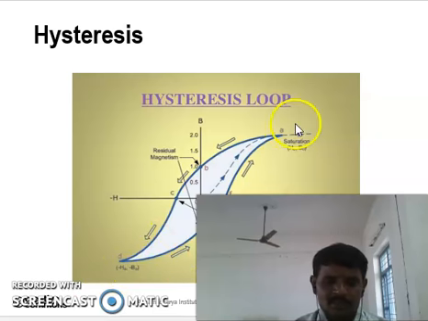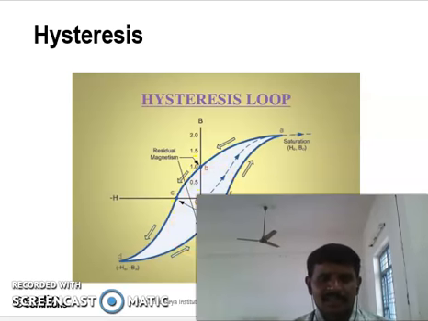The formation of this B.H. curve indicates how much energy is lost in one complete cycle, which can be calculated with the hysteresis loop.